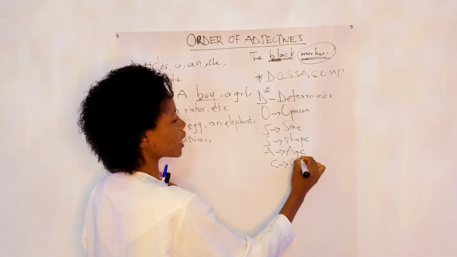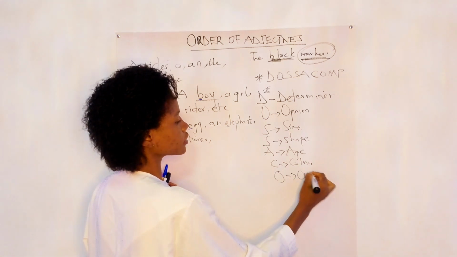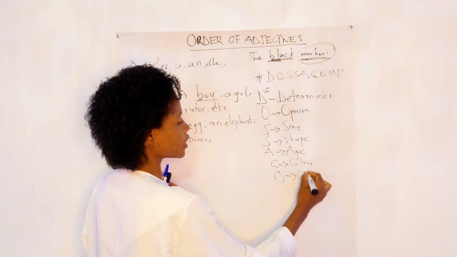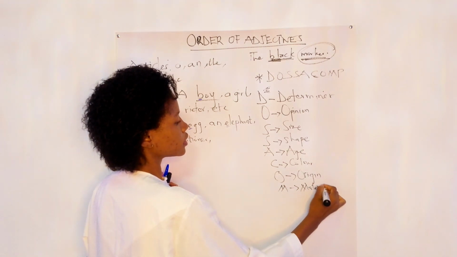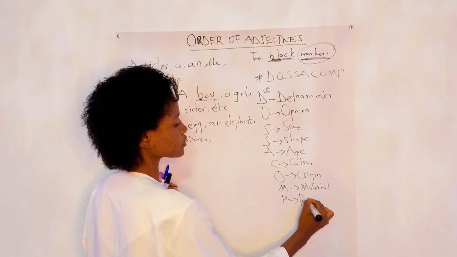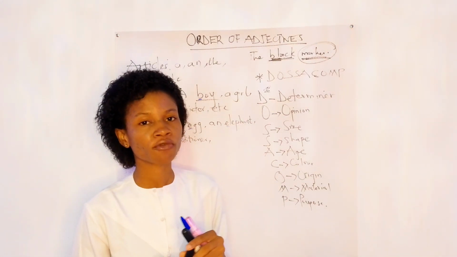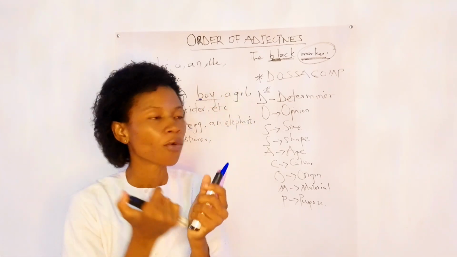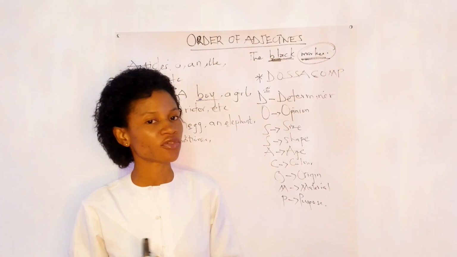C stands for color. O stands for origin. M stands for material. And the last one stands for purpose. So that is the abbreviation, okay? In order for you to recall. Now you're going to see how important it is for you to use this abbreviation.